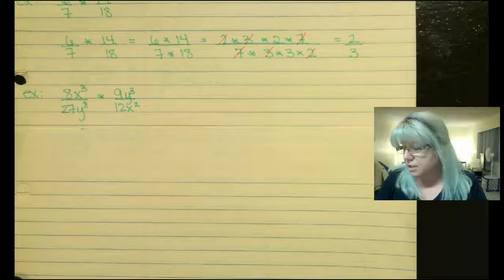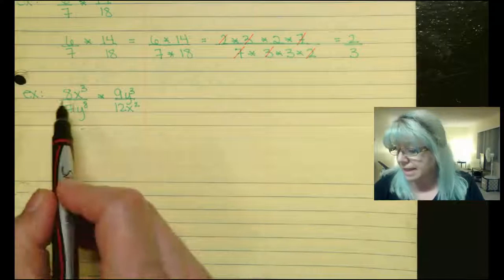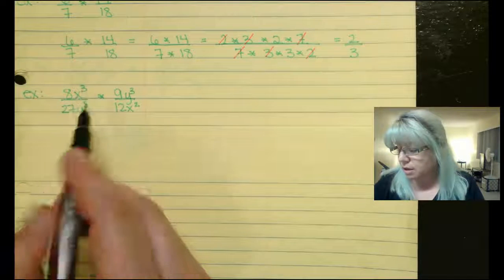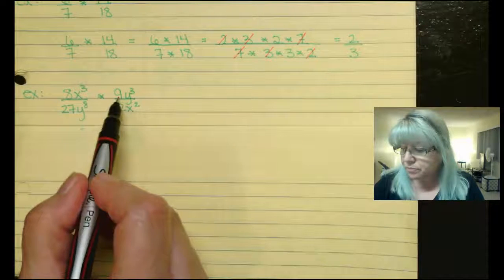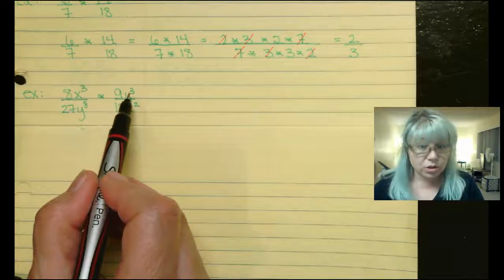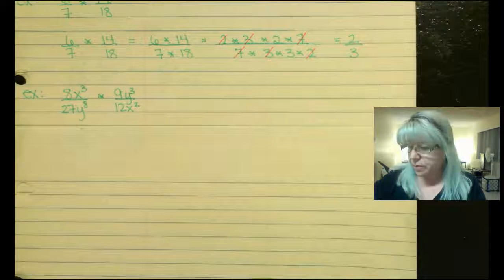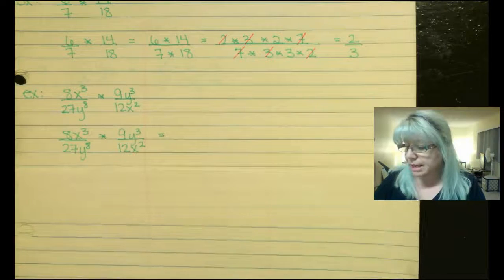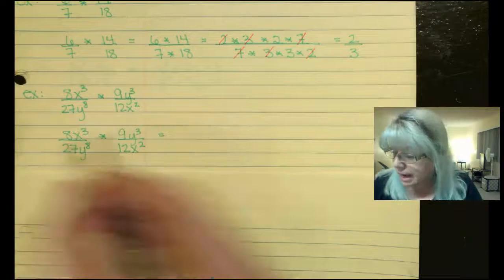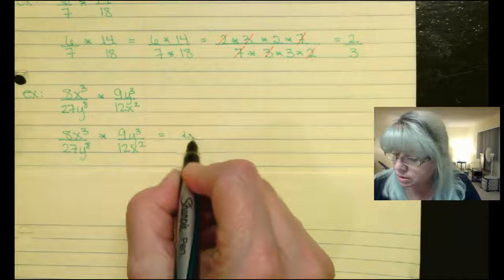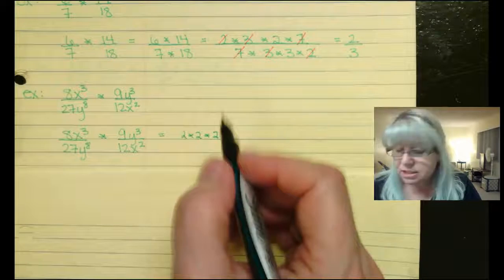Alright, so let's try it with a little bit more complicated problem. I have 8x cubed all over 27y to the 8th times 9y to the 3rd over 12x squared. Okay, so the first thing I want to do is break these values into its factors. 8 is going to be 2 times 2 times 2. X is just x cubed.